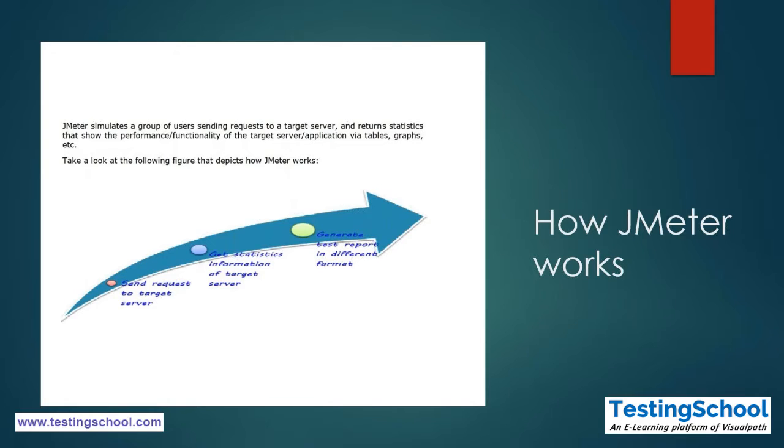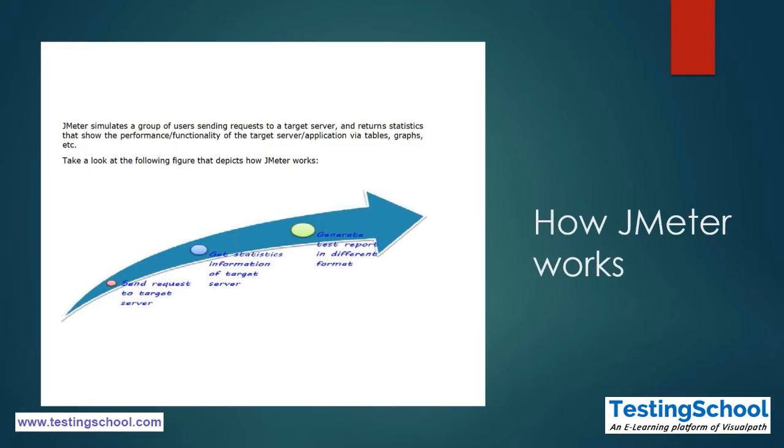So on a very basic overview, how JMeter works is, it mimics multiple users using the application server, and it hits different kinds of requests which are part of your script.